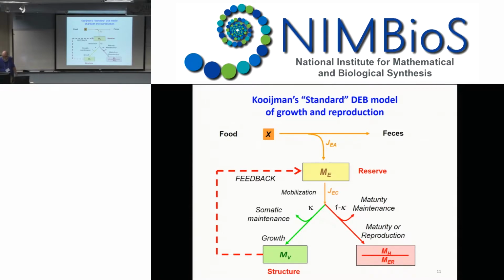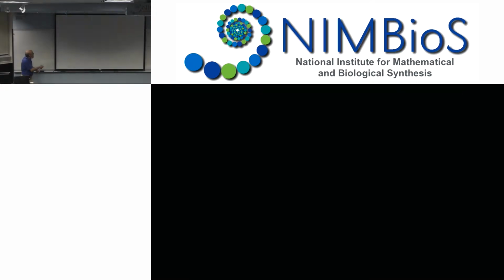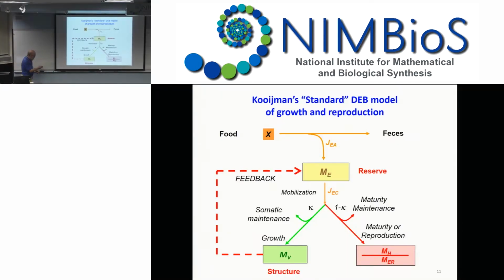The idea is that there is food in the environment, the animal feeds, some fraction is assimilated, and the rest goes out as feces. It's assumed that initially it goes into some compartment called reserve, and that again is different from what most of us mean by reserve.